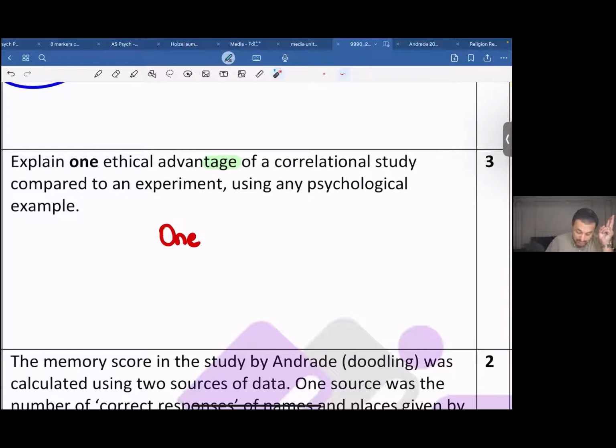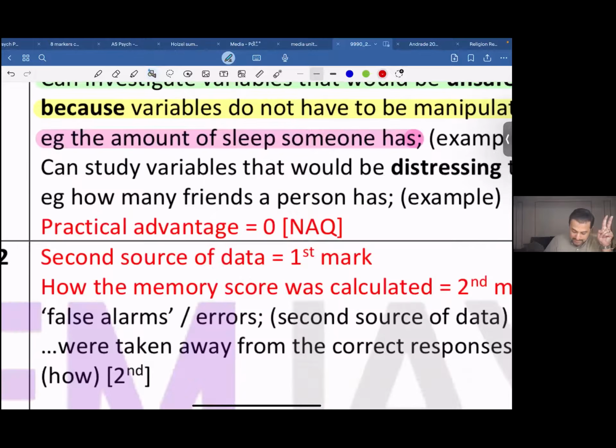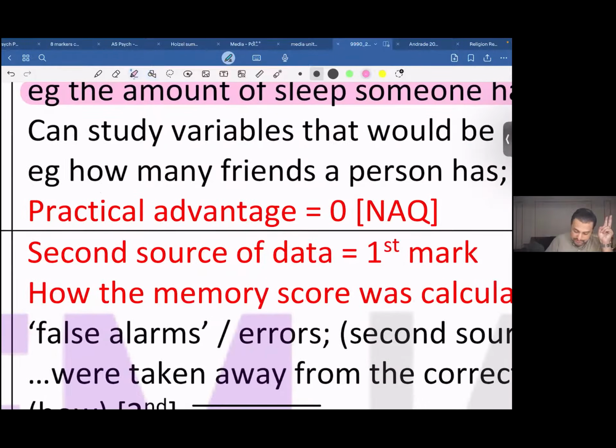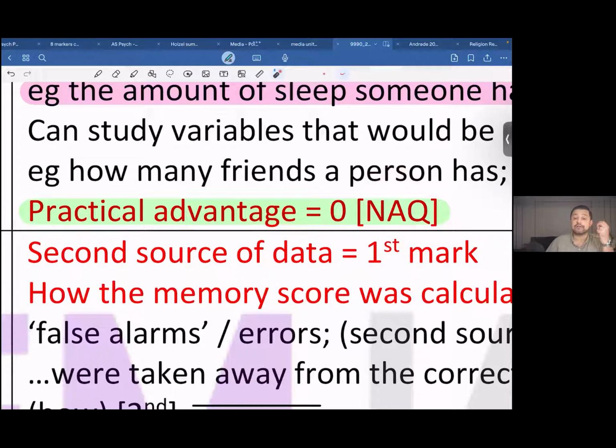The second one: remember the examiner has been specific when asking you to write down one ethical advantage. The principal examiner has given instructions that if a student mentions any practical advantage instead of an ethical advantage, you do not give the student any marks. NAQ, what does NAQ stand for? Not answered the question. As simple as that.